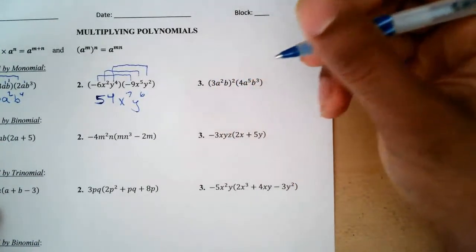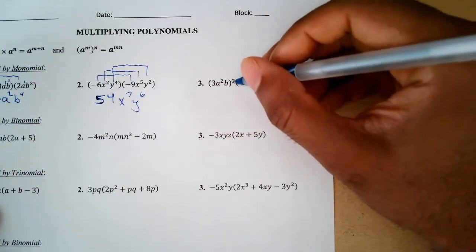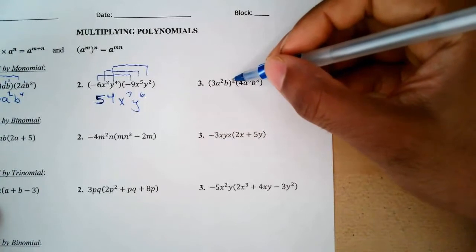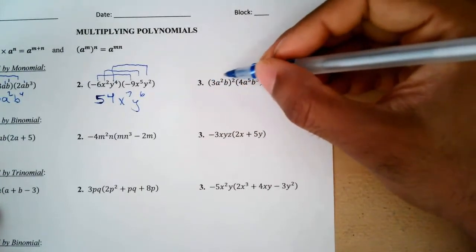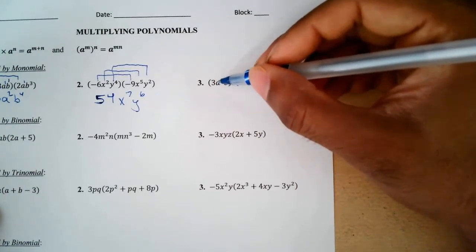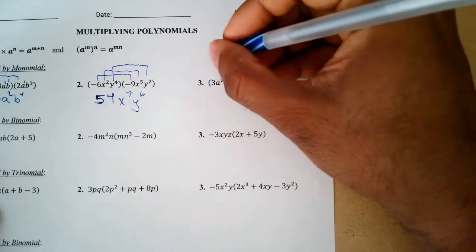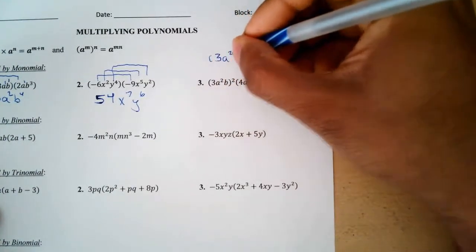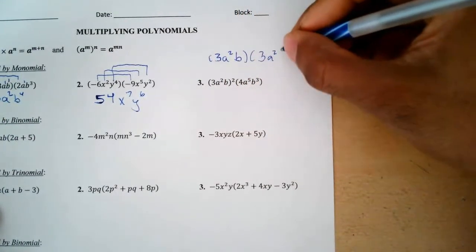And then lastly here, again, 3 times 4. Oh, before we do that, there's something about this monomial. It's squared, right? This whole thing is squared. So before I do 3 times 4 is 12, we can square this term first. So this is basically 3a squared b multiplied by itself. So maybe I'll write up here: 3a squared b times 3a squared b.